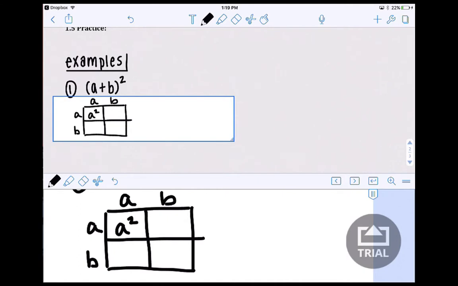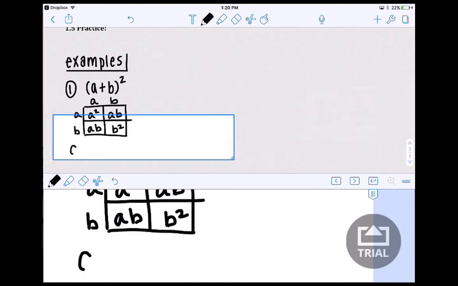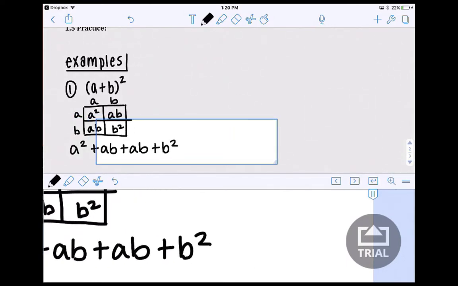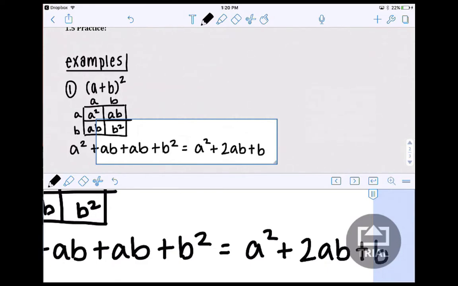A times B is AB. Again, A times B is AB. And B times B is B squared. And then we add everything together in the boxes. So I have A squared plus AB plus AB plus B squared, which is the same as A squared plus 2AB plus B squared.